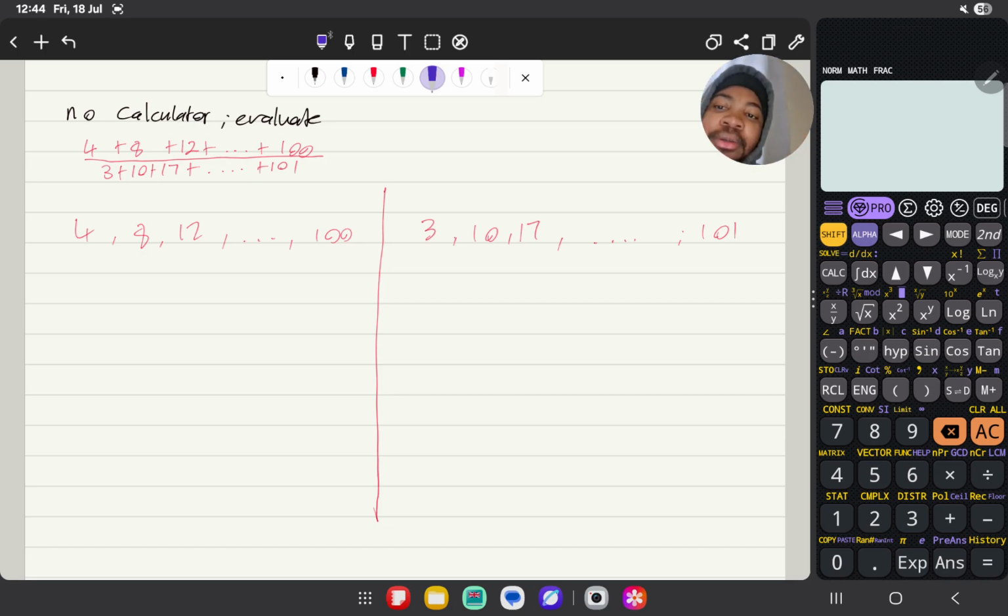Cool. Common difference: 12 minus 8 is 4. For the second, it's 7. So Tn equals a plus (n minus 1)d. And I love this formula, because from step 1 you work it all through, and the last thing you do, you end up with a formula.